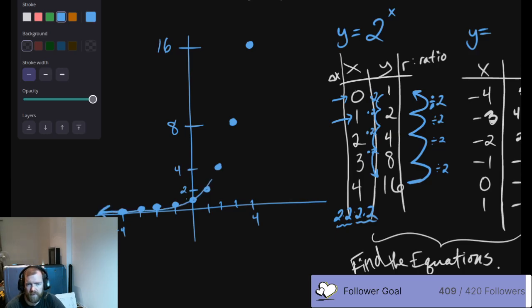This is going to be true for all of these exponential functions, no matter what they are. So these behaviors are really what we want to focus on. We have an initial value at 0, 1.